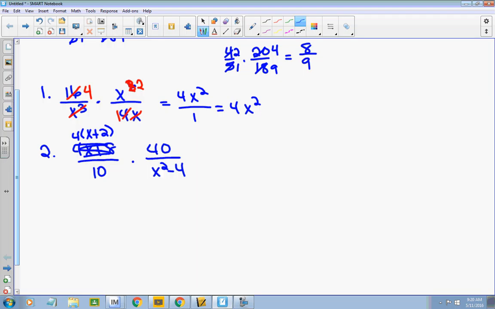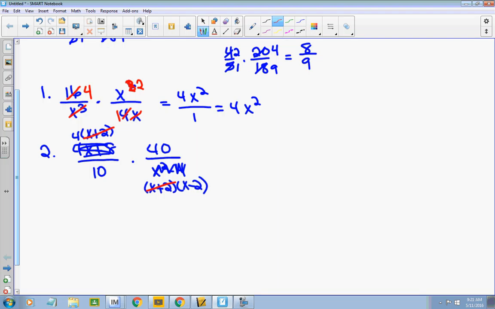Okay. What about down here at the bottom? Is there anything I can do there? Difference of 2 squares. So this factors into x plus 2, x minus 2. Okay, so now I want to see what I can cancel. All right, I have an x plus 2 here that I can cancel out with that x plus 2. And what else could I do?